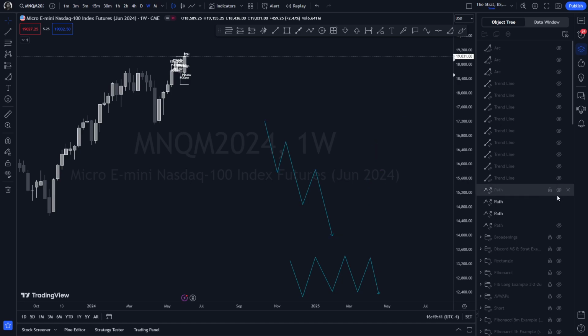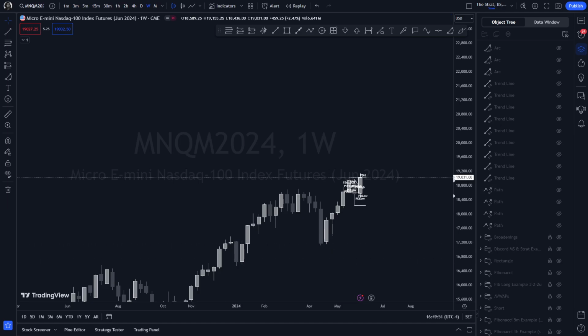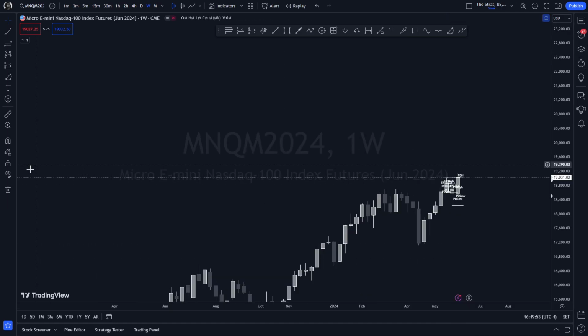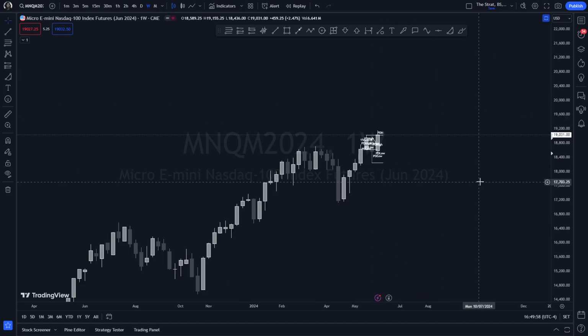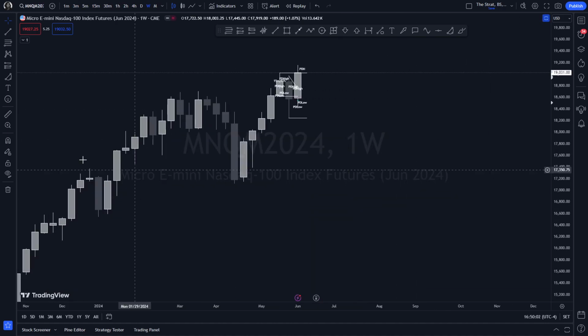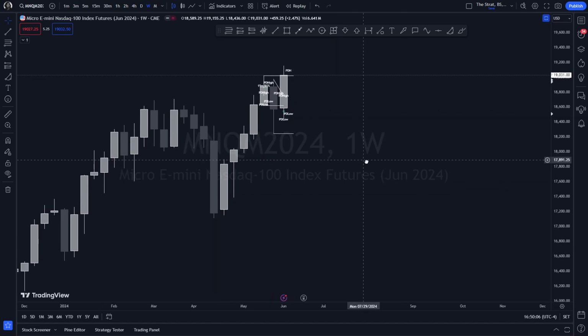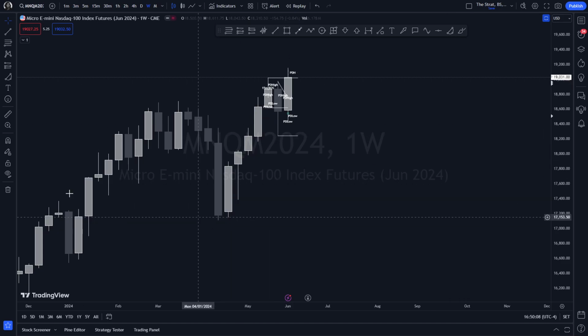It's a concept, not ICT, but a concept like ICT is. The basis of the strat is there are three types of candles, and this is just being able to break down the anatomy of a candle and understand what it's doing and what it's giving you.